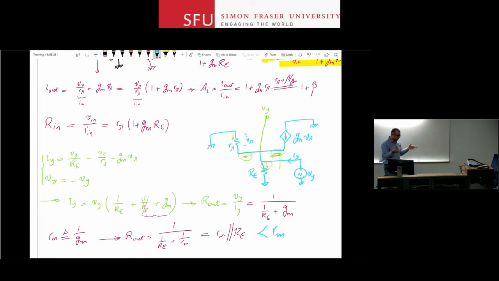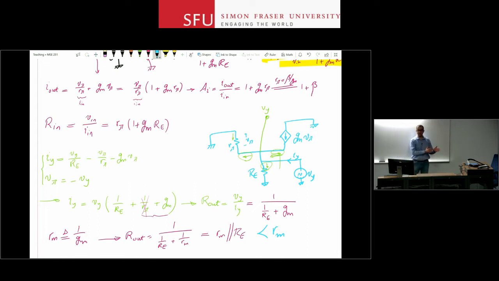For typical resistor values that I have for electronic circuits, my range of values are between 100 ohms to maybe 100 kilo ohms for 80% of my resistors. And if I get resistors on the order of 10 ohms, 20 ohms or so here, it's a small resistor. I'm getting a small output resistance out of this amplifier.